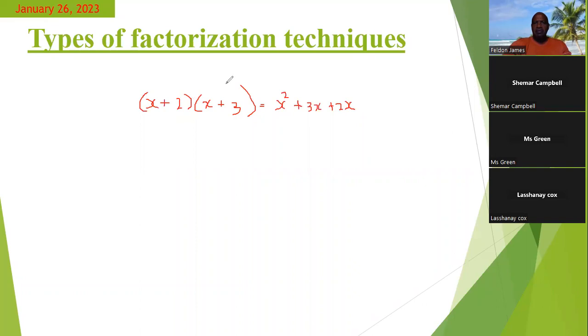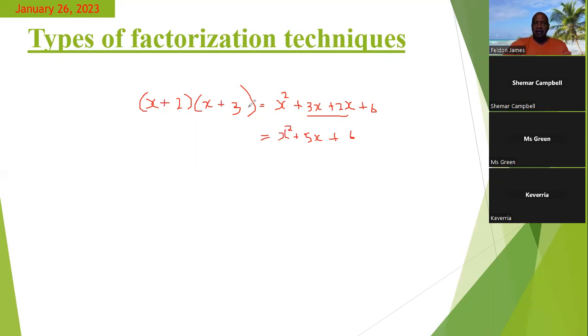Two times 3 gives you 6. When we simplify this expression, we add the like terms in the middle. So we get x squared plus, we add 3x plus 2x, we get 5x, plus 6.